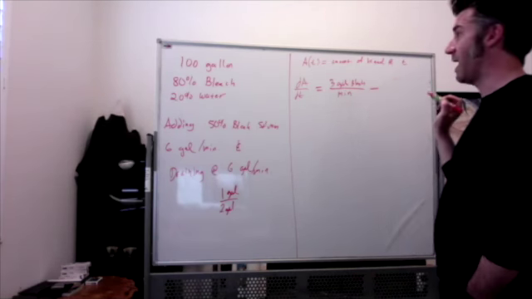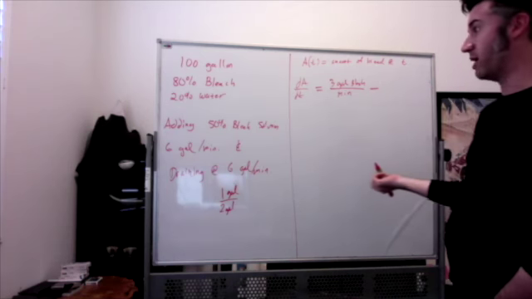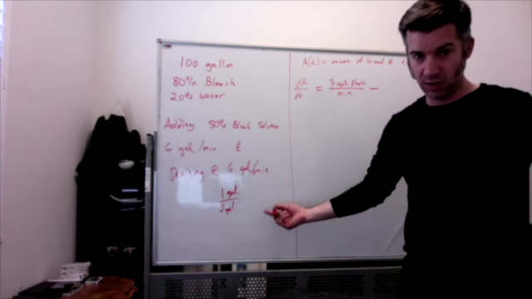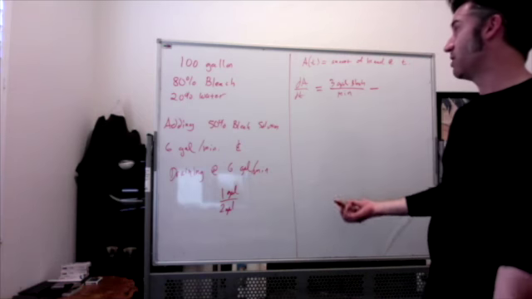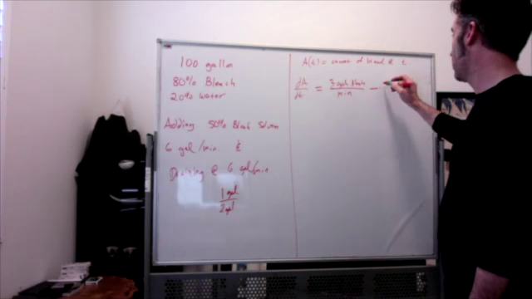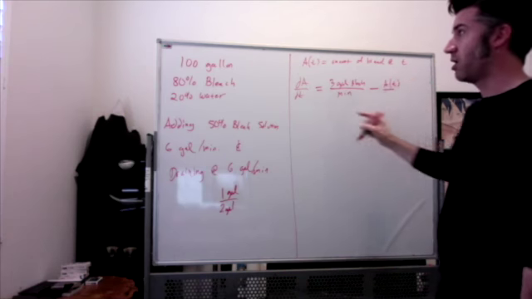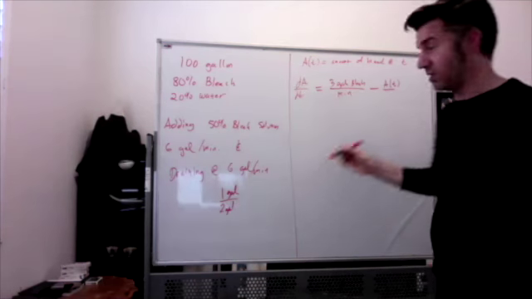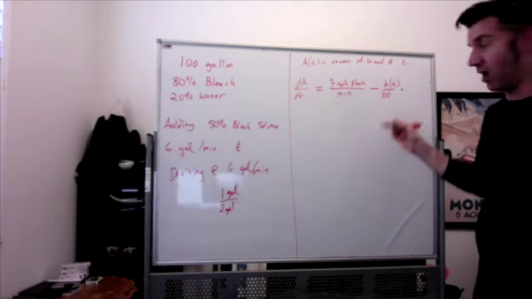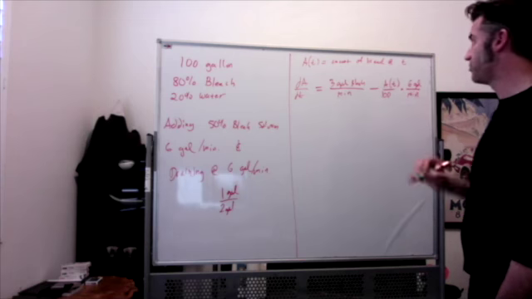How fast is it going out? Well, the concentration going out is not 1 gallon of bleach per 2 gallons of solution. It is the concentration of bleach in the tank, so some amount of bleach per 100 gallons, because that's the volume in the tank, times how fast it's going out, which is 6 gallons per minute.